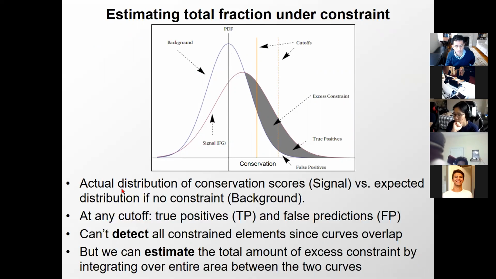So we can basically look at the distribution of conservation scores, that's the red, versus the expected distribution if there's no constraint, that's the background in blue. And then at any cutoff, we basically have a set of true positives, which are all the ones in the red distribution above the threshold, and false positives, which are the ones in the blue distribution above that threshold.